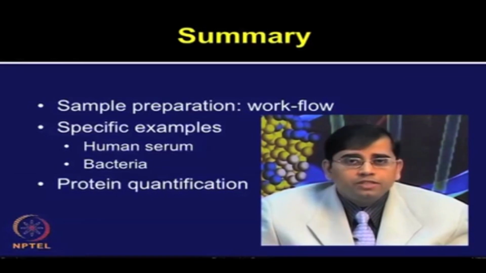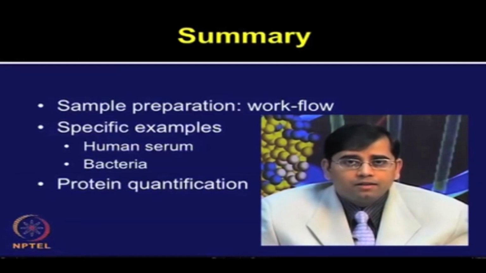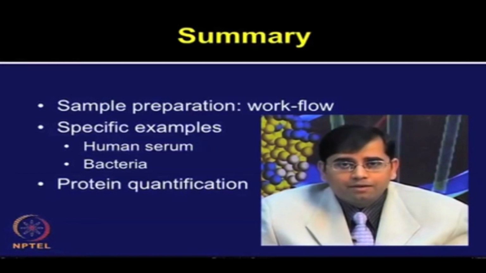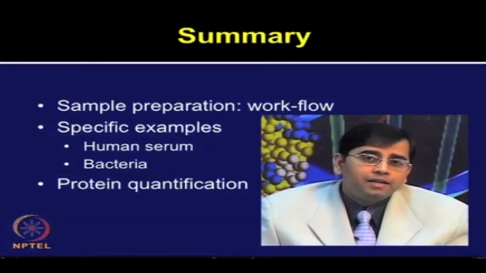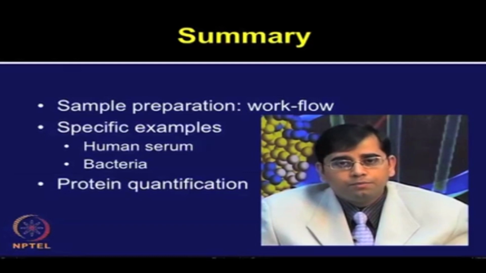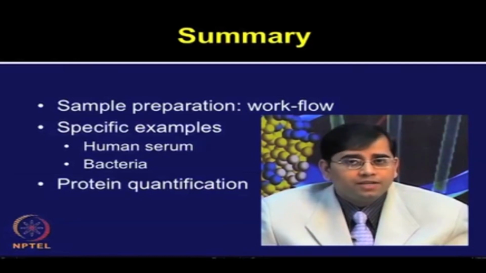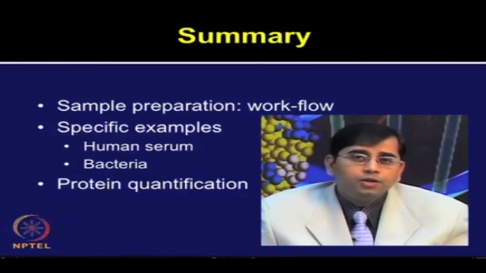We discussed in more detail different types of criteria used for analysis of clinical samples, and then we talked about how to analyze human serum samples. Then we discussed bacterial protein extraction and how one can analyze the bacterial proteome. Finally, we talked about protein quantification, how to determine the protein quantity present in your given sample.